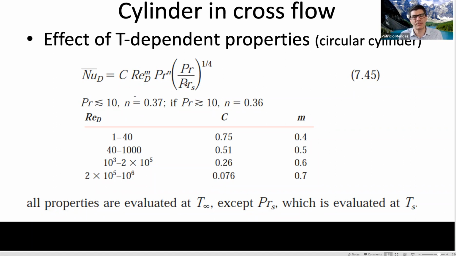Even if thermal diffusivity is more or less the same, viscosity changes very much in oils. And Prandtl is kinematic viscosity divided by thermal diffusivity. And they found out it is to the 1/4.